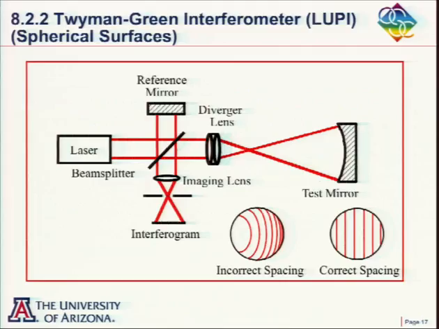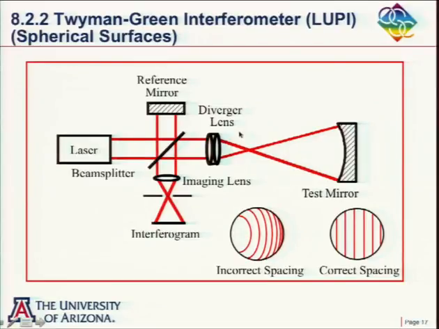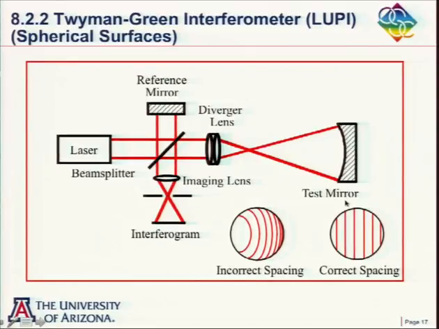And then the next one that again you're experts on, so I don't need to say much here, is measurement using a LUPI or Twyman-Green interferometer to measure spherical surfaces. And the nice thing here is that once I get a nice setup here, I can measure almost any radius of curvature concave surface that I want.